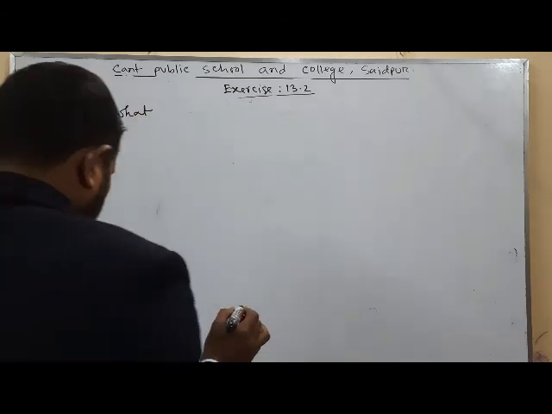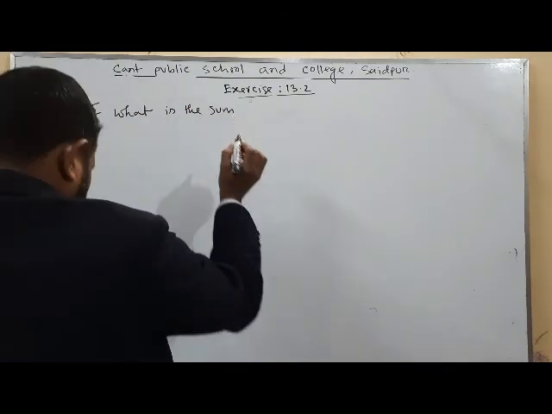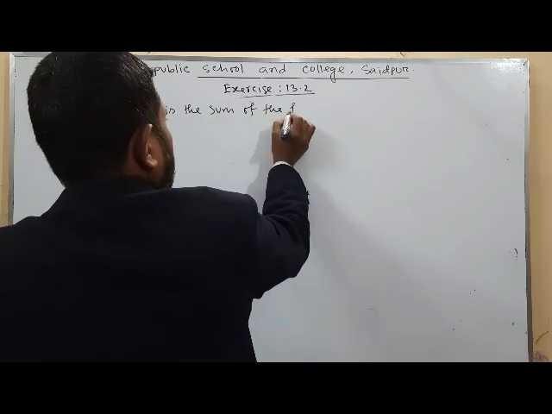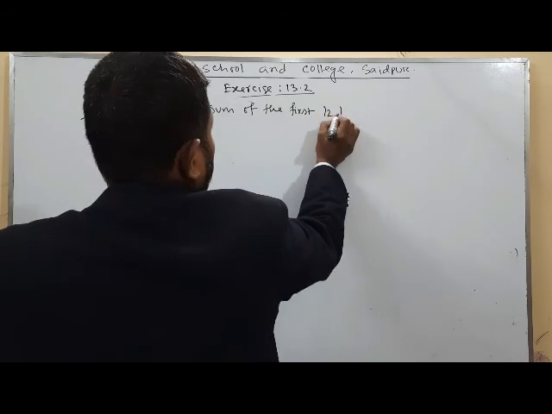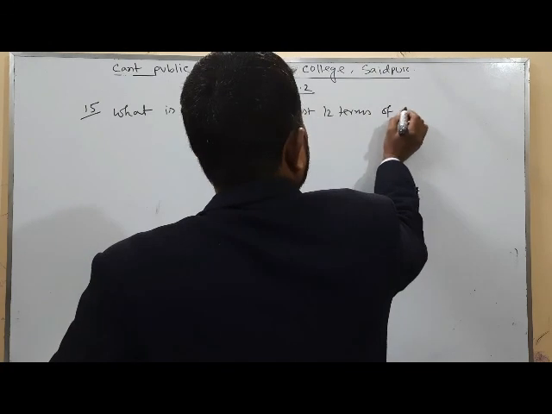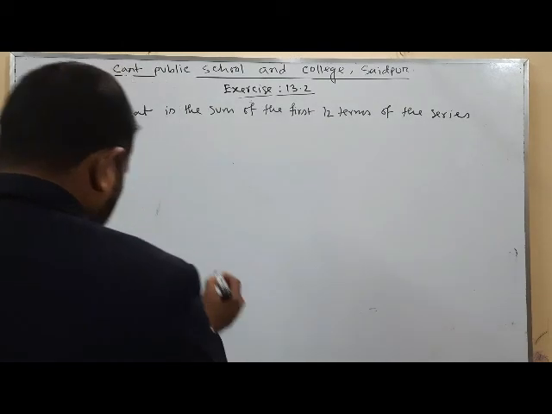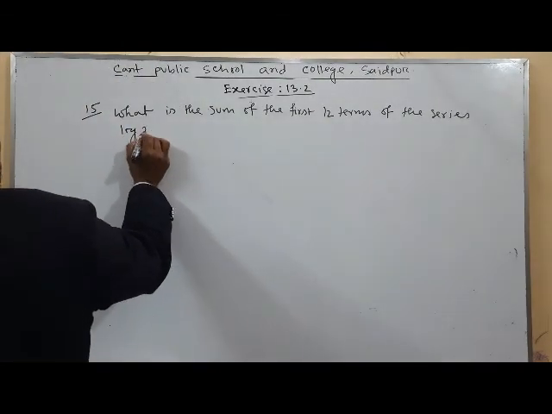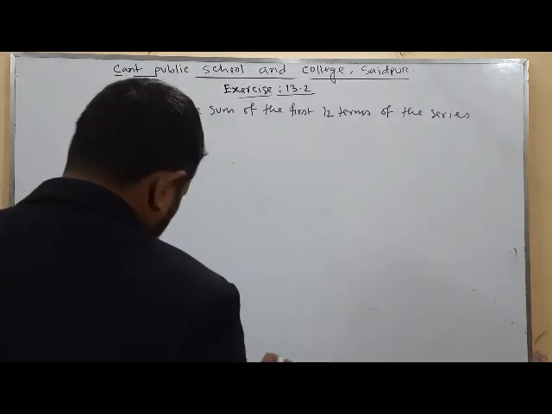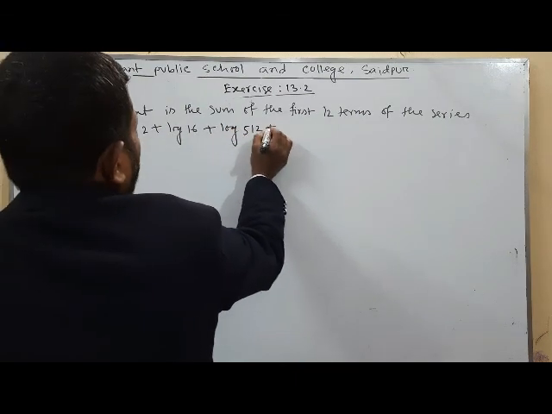What is the sum of the first 12 terms of the series log 2 plus log 16 plus log 512?